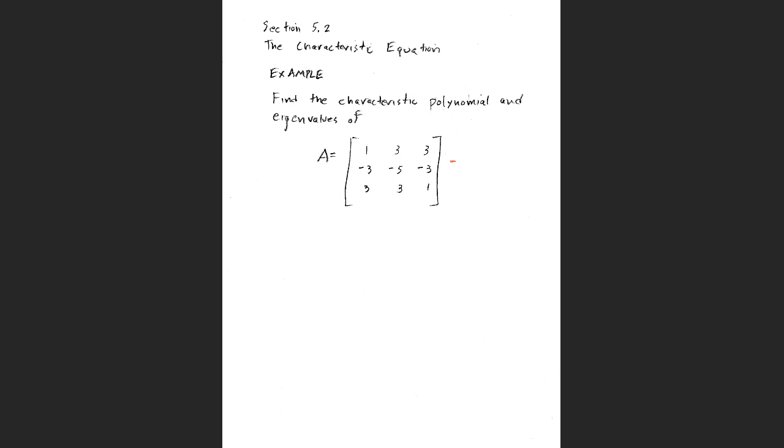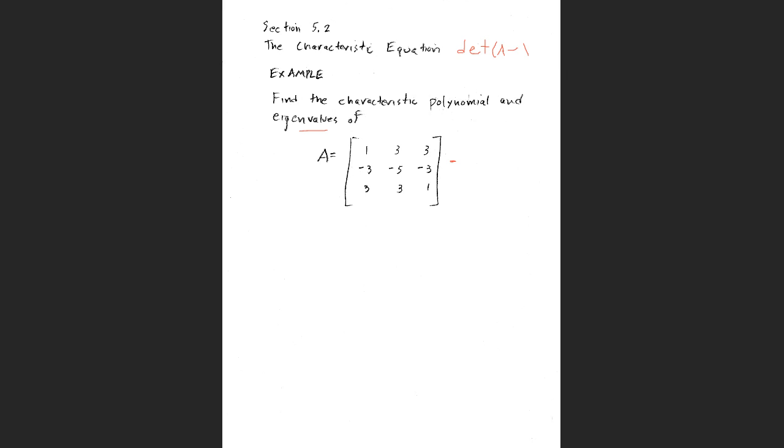This example corresponds to a matrix A that you're going to see in section 5.3, the third example. So I thought, let's find the characteristic polynomial of that matrix, and then find the eigenvalues. Okay, so the characteristic polynomial is the determinant of A minus lambda I.